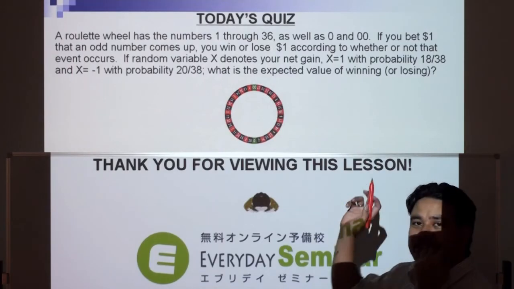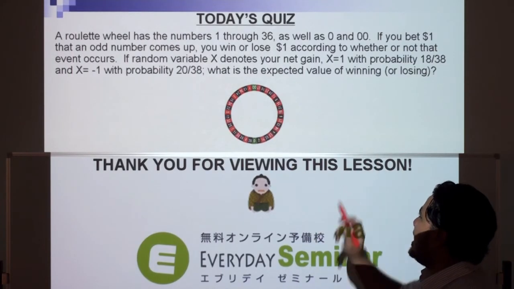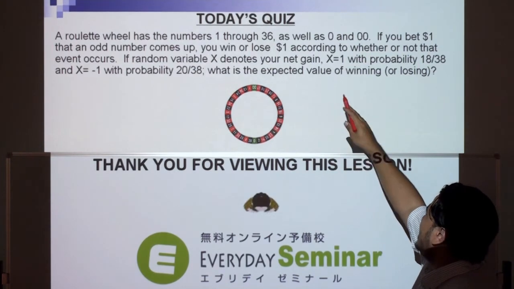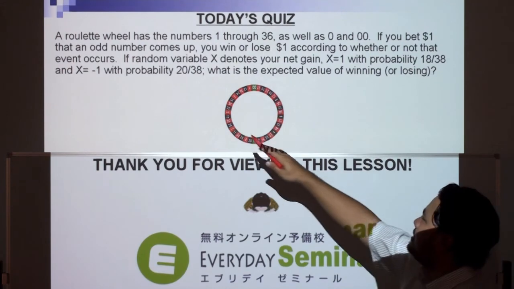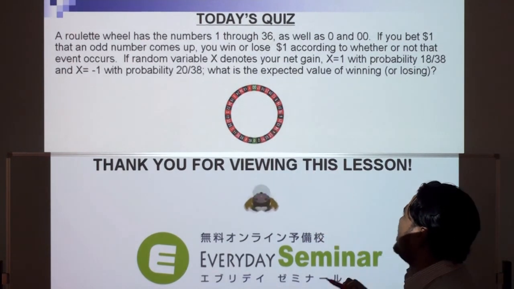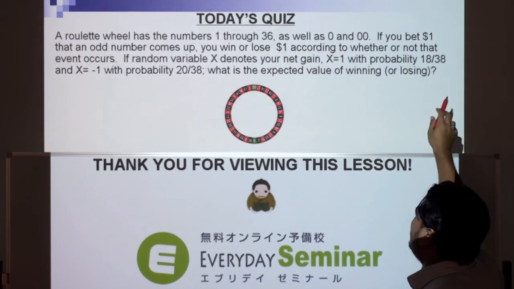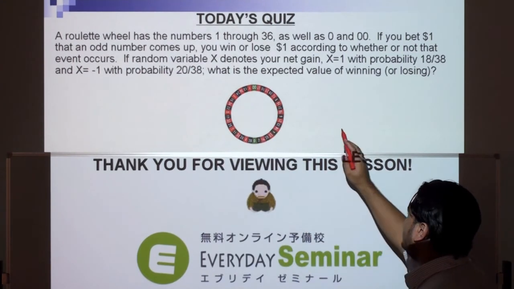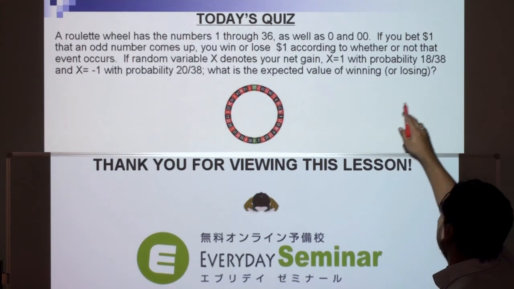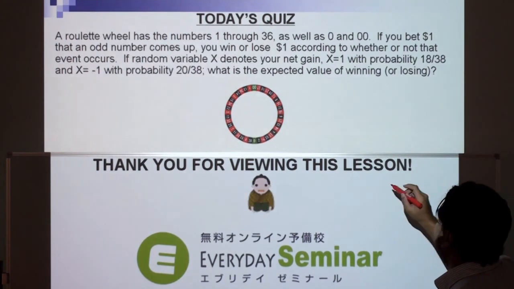So today's quiz. A roulette wheel has the numbers 1 through 36, as well as 0 and 00. If you bet $1 that an odd number comes up, you win or lose $1 according to whether or not that event occurs. If random variable x denotes your net gain, x equals 1 with probability 18 over 38.